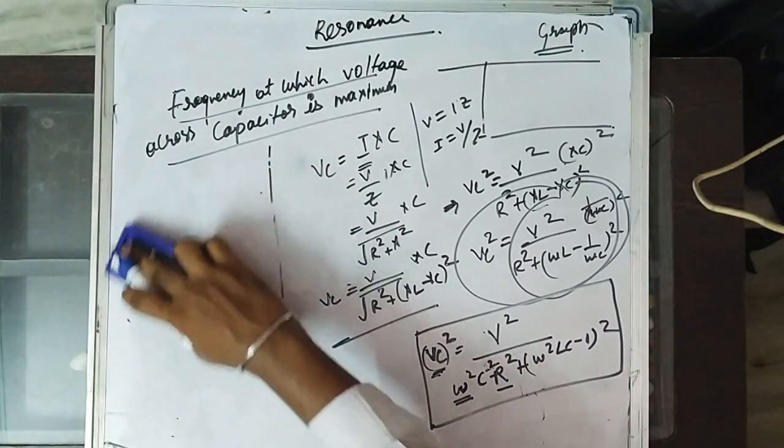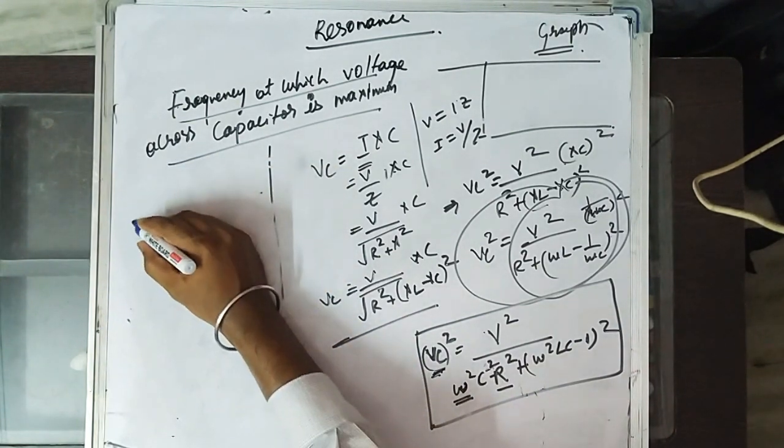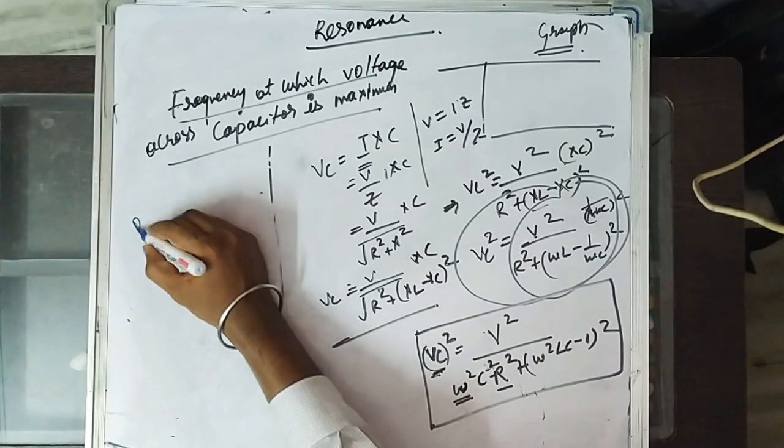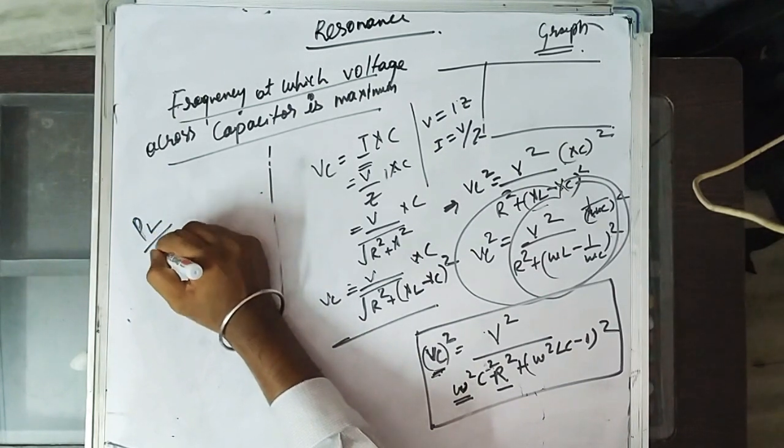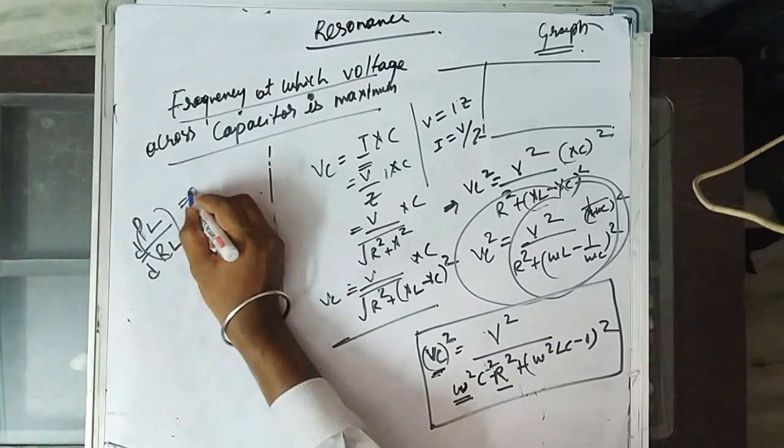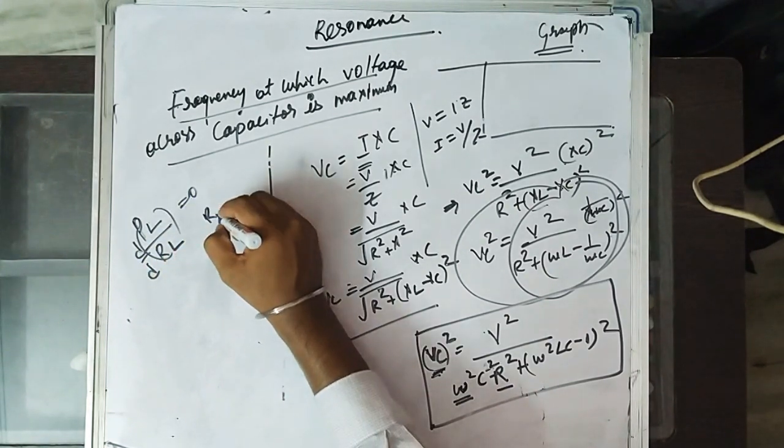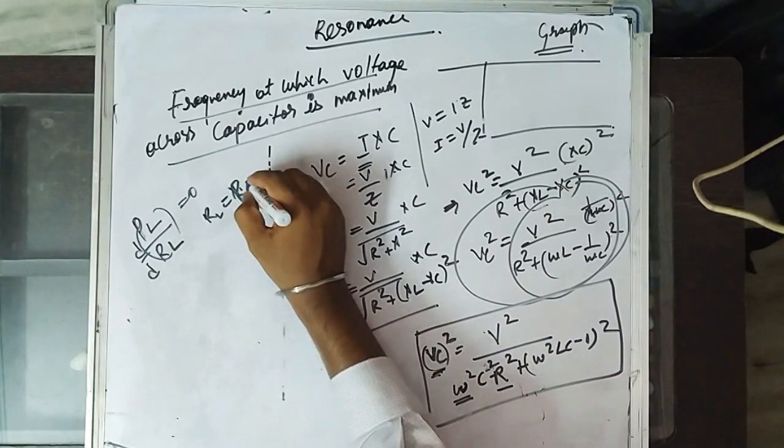For example, to get the maximum value of x with respect to time, we differentiate it and equate to 0. Similarly, in the maximum power transfer theorem, we differentiated the power across the load PL with respect to the load and equated it to 0, and we got RL equal to R Thevenin.